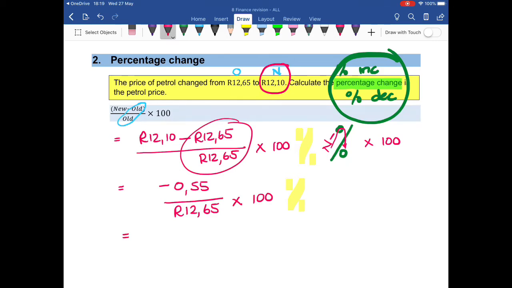When I do that calculation, I get negative 4.347 and so on. I'm going to round to 2 decimal places. I look at the neighbor, 5 or more, let it soar, which means I have to add 1 on. So it's going to be negative 4.35. My answer, remember, is a percentage, so I must add my percentage sign there, which is a unit.